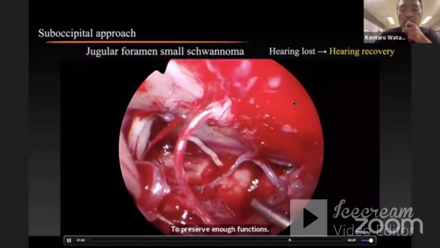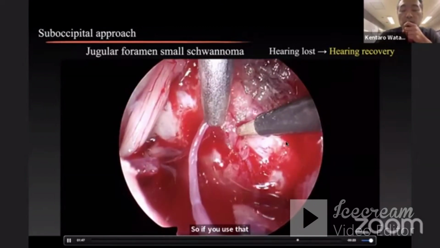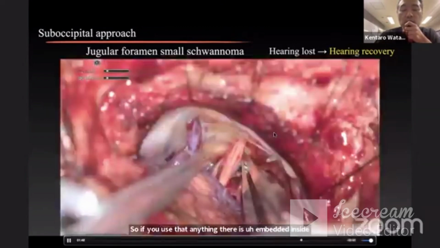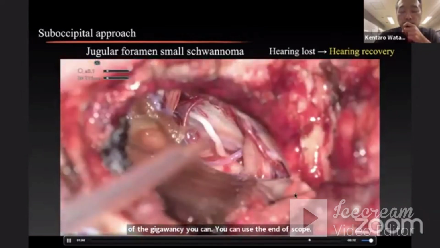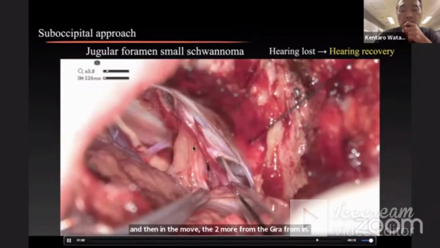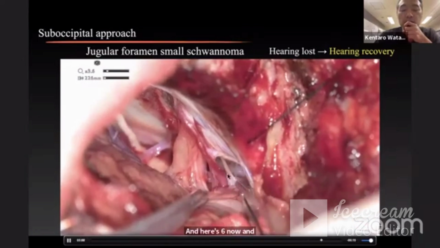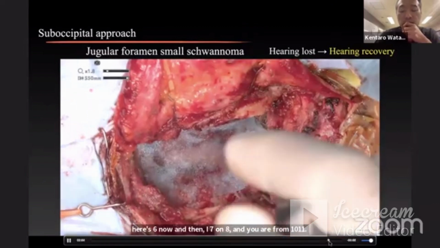If the tumor is embedded inside the jugular foramen, you can use endoscope assist and then remove the tumor from the jugular foramen. And here's the 6th nerve, and then 7 and 8, 9, and at the jugular foramen 10, 11, like this, and close it.